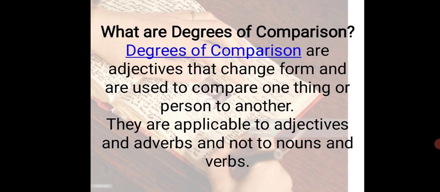Children, degrees of comparison are applicable to adjectives and adverbs. But remember, they are not applicable to nouns and verbs. So, the key thing to remember over here: degrees of comparison are applicable to adjectives and adverbs, not to nouns and verbs.